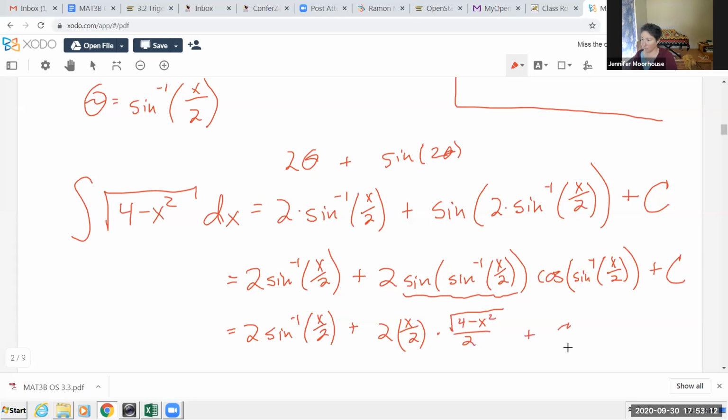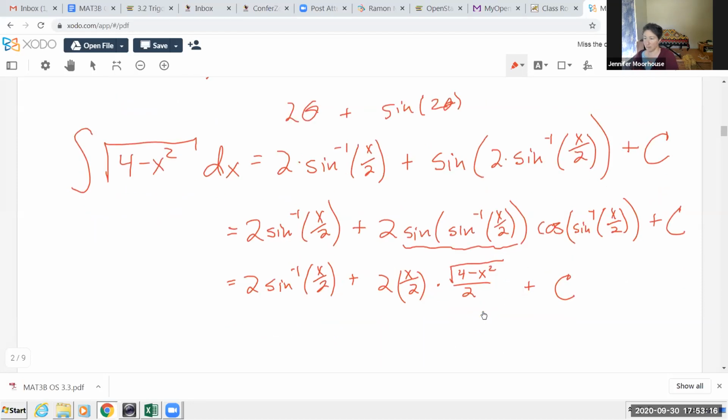And then plus c. And we could cancel some 2's, but otherwise we're pretty much as good as it's going to get. All right, so that's a lot of steps involved in these integrals.